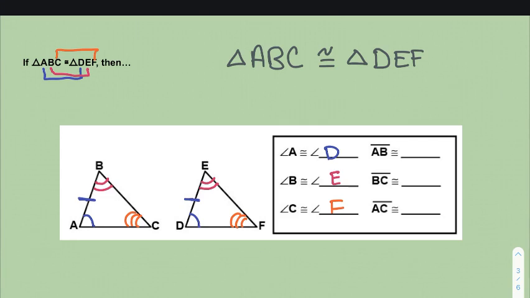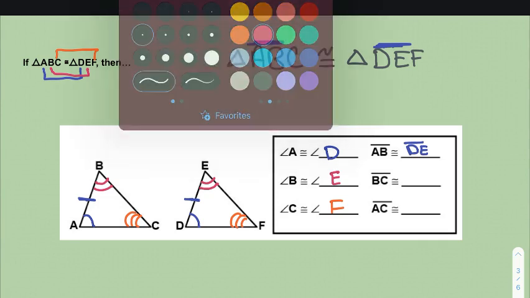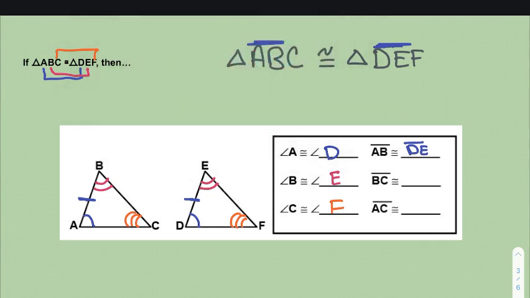Let's look at how that relates in our letters. Here is AB, so the segment AB lines up with the segment DE. Then we can look at BC. Here is going to line up with EF, and again, here is BC lining up with EF.